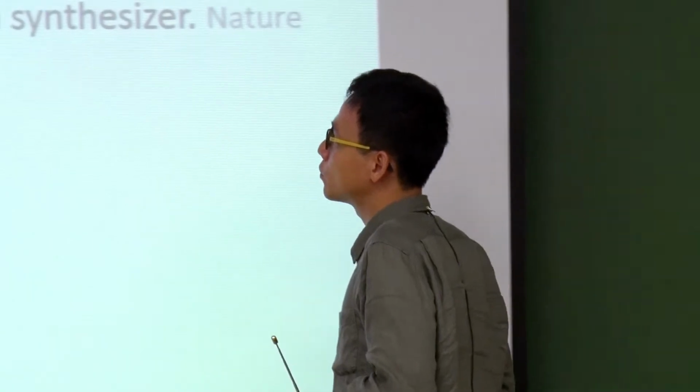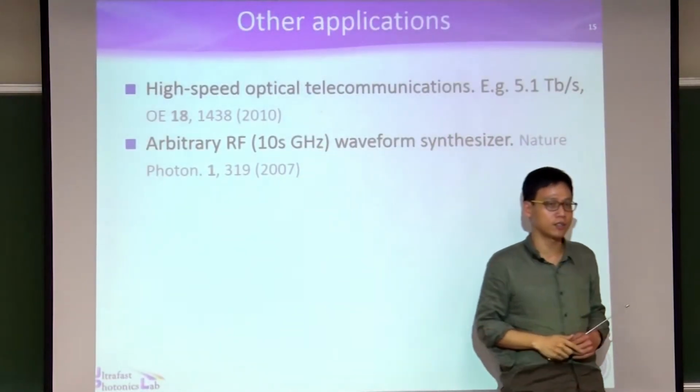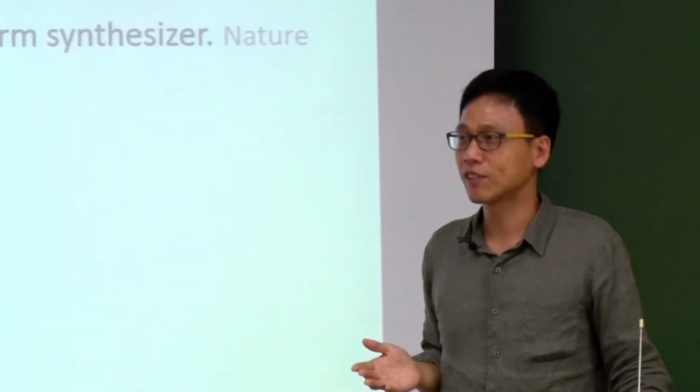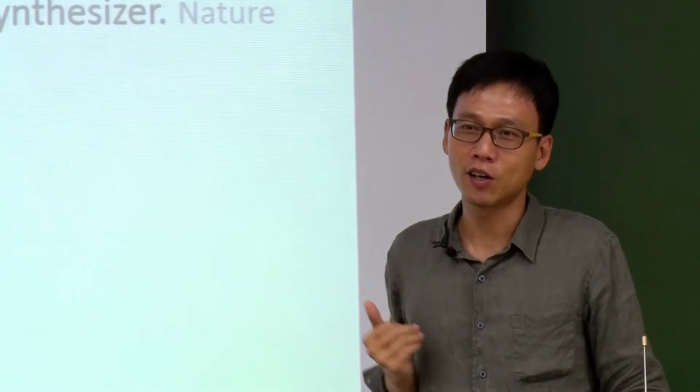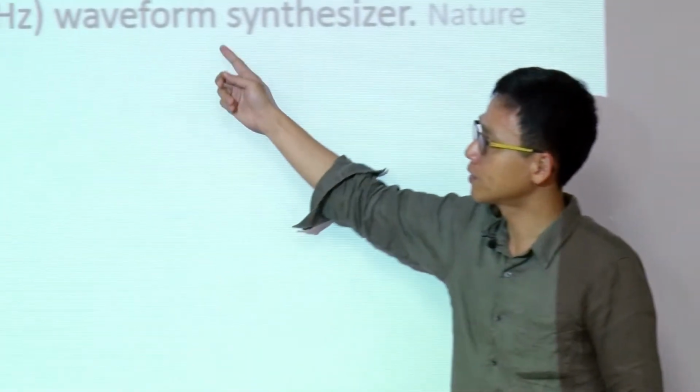You can generate arbitrary waveforms. But if the bandwidth is even higher, like tens or even 100 gigahertz, electronic devices so far is not fast enough. So you need something else to achieve arbitrary waveform synthesizer.